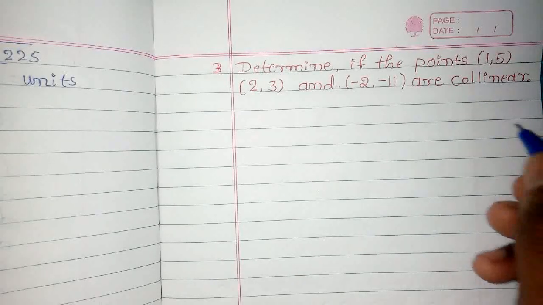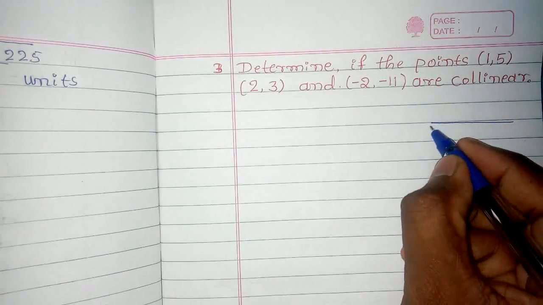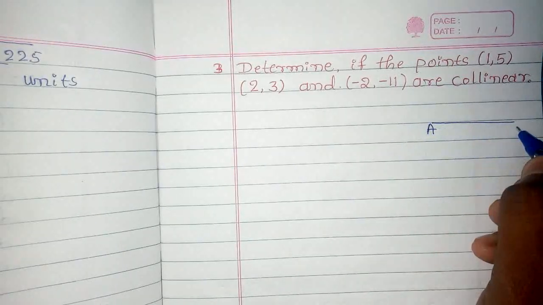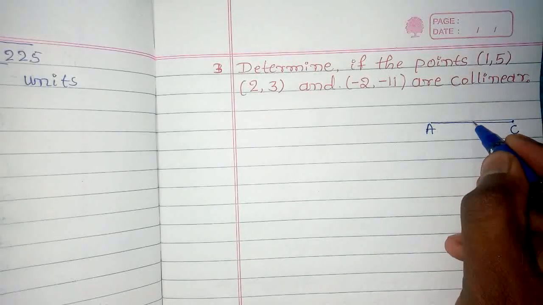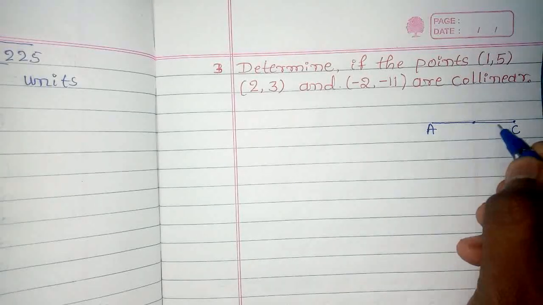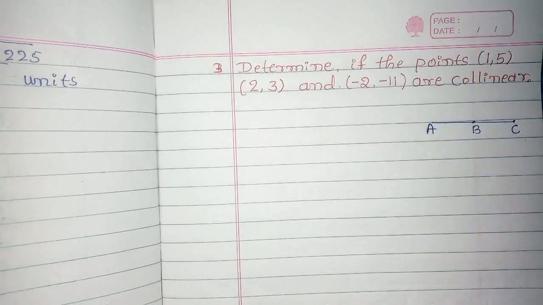Now in this example, AC is a line segment. If the point B lies on the line segment AC, then we can say these points are collinear.